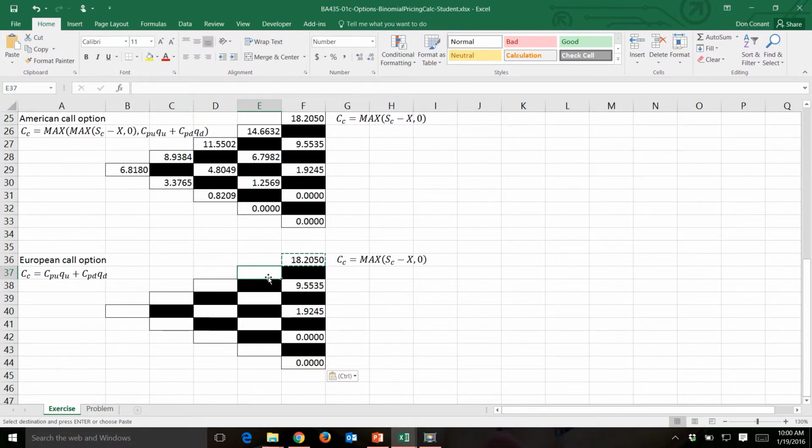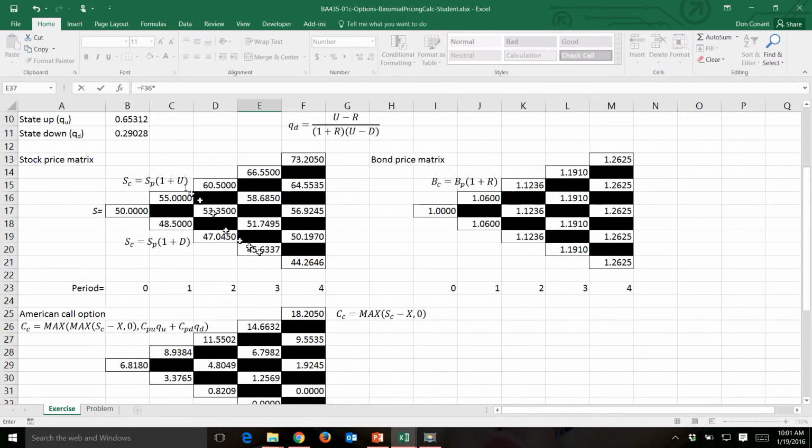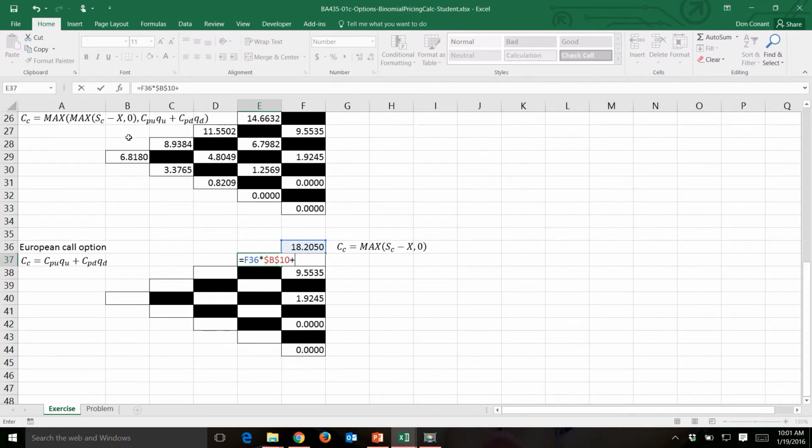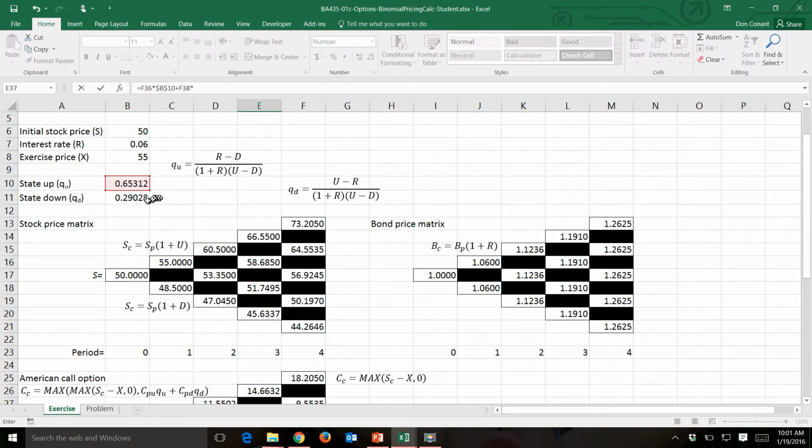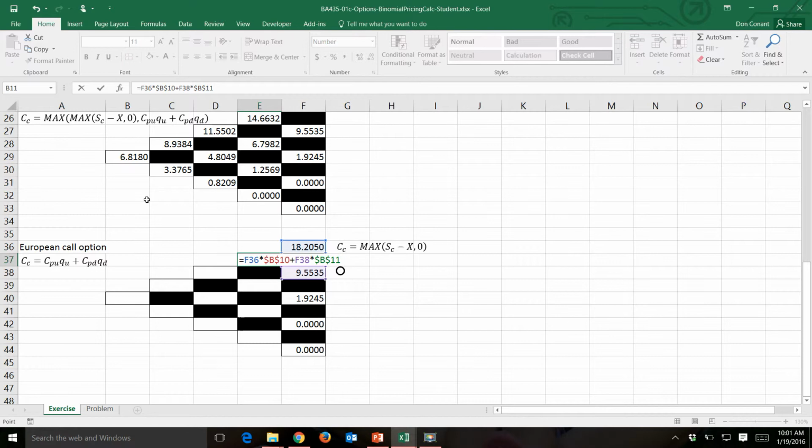And I'll go ahead and calculate the European call option, which again is just the call option calculation. That's going to be the upstate price times the state up probability, I'll make that absolute, plus the downstate price times the downstate probability, make that absolute, press enter.